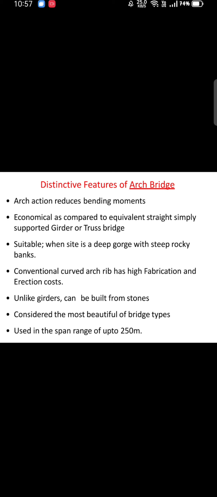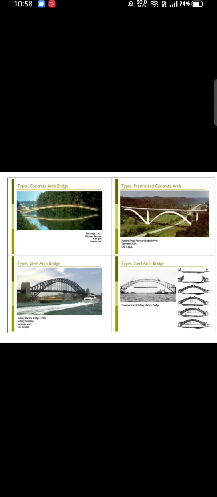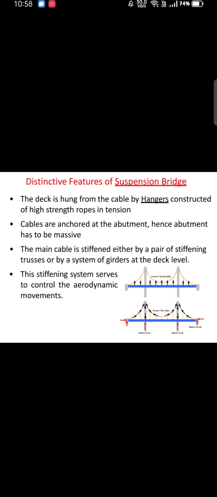They can be built from stones, and these are the most beautiful bridge types. They can be used in a span range of up to 250 meters. As you can see in the picture, three-hinged arches, two-hinged arches, and fixed arches. Like this, various arch bridges have been constructed all across the world.